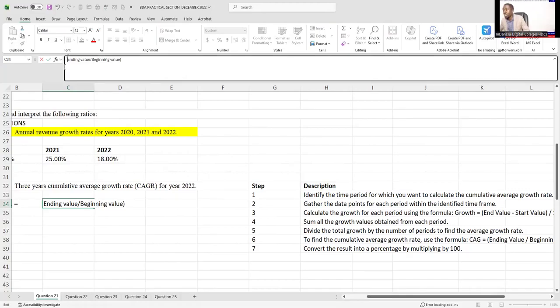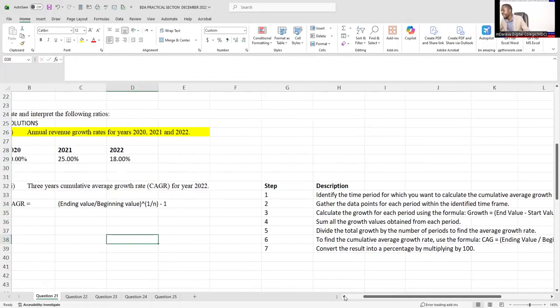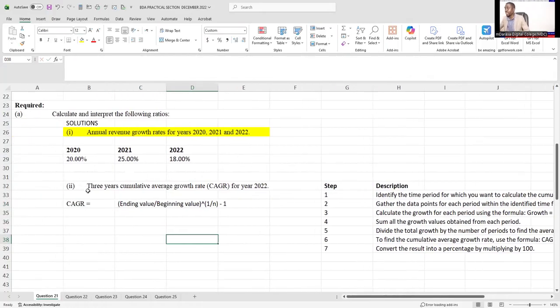So we are showing our formula here, raised to 1 over n, minus 1. This is what it's telling us to do. So I didn't know how to go about it, and this is how it's guiding us on how to go about working it out.